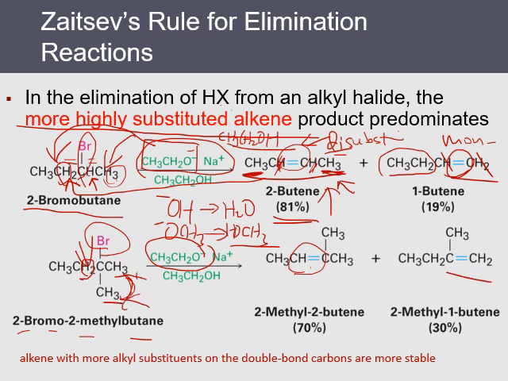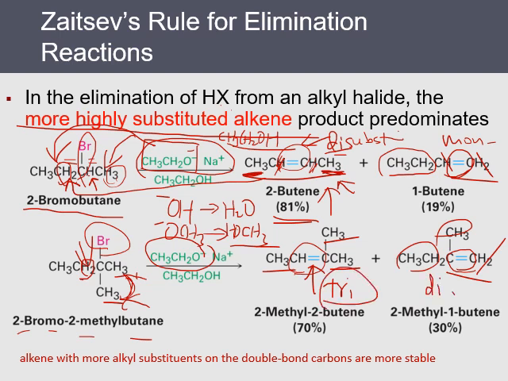Again, what are the substituents? For this double bond, you have one substituent, two, three. So that's a trisubstituted alkene. And for this double bond, ignore hydrogen, it's 1 and 2, so that's disubstituted.